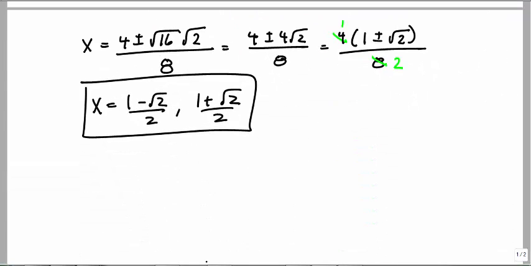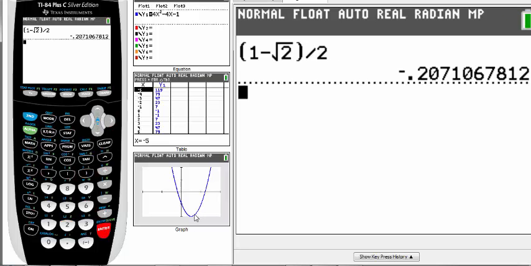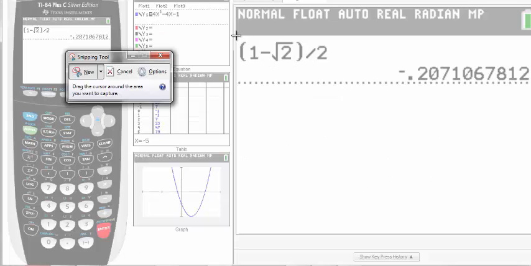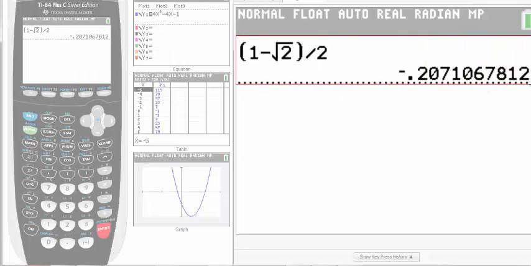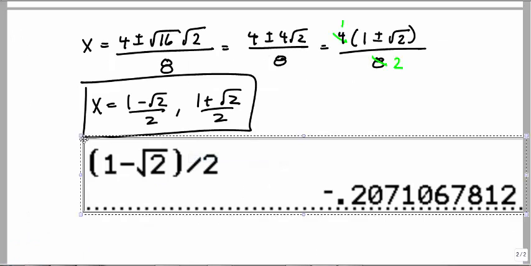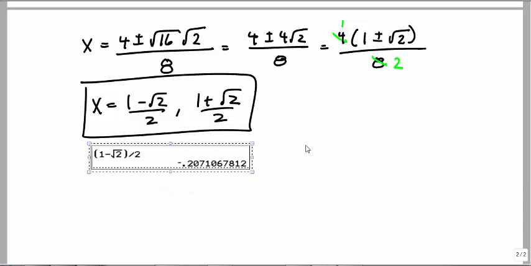So let's check 1 minus root 2 over 2. On my calculator, let's do in parentheses 1 minus square root of 2 over 2. Okay, that's between negative 1 and 0, so that's nice. That kind of tells me that I have something in the ballpark of what I was expecting to see. So that's one of my solutions.